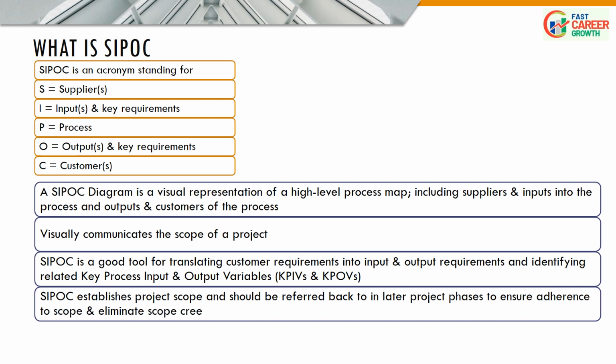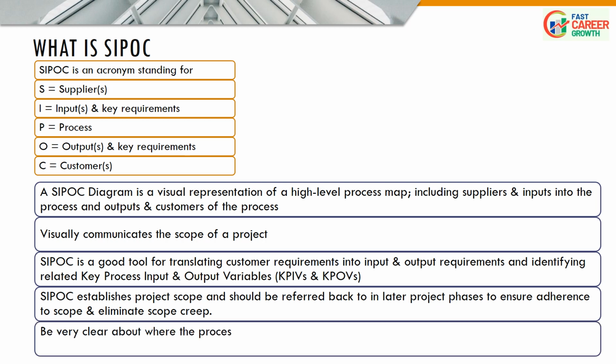Eliminate scope creep. Means the SIPOC diagram is instrumental in establishing the scope of a project. It outlines the boundaries of the process under consideration and provides a reference point for project teams to ensure that they stay within the defined scope and avoid scope creep. Be very clear about where the process starts and where the process ends.